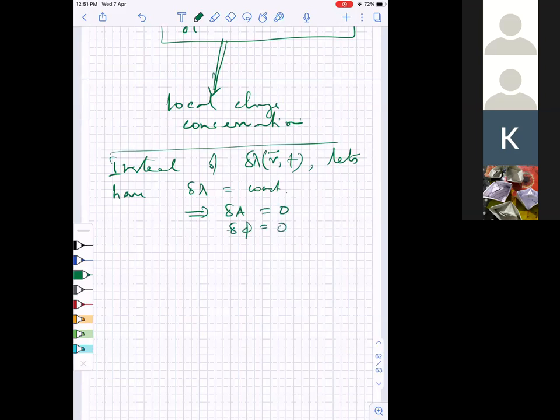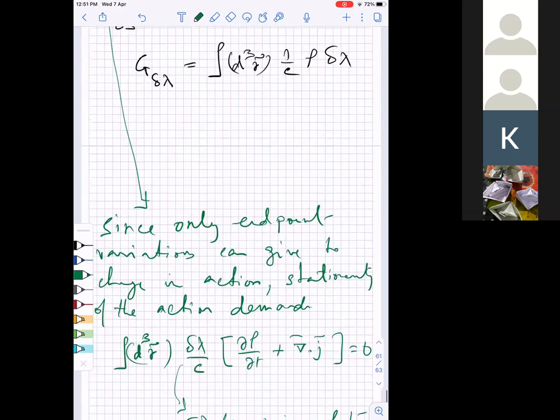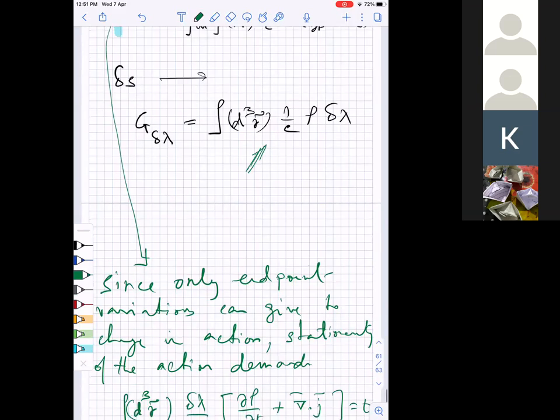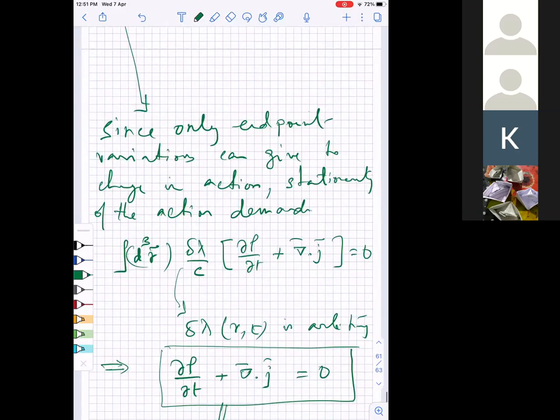There is no time and no spatial dependence. Going back to this equation, the second equation automatically becomes 0.